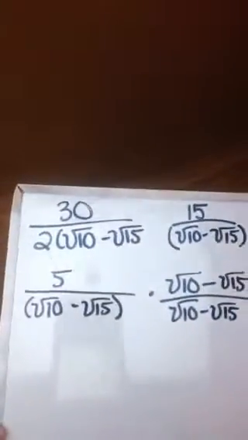Times. Multiplying that whole problem by the same thing just means we can take the square roots off the bottom. We have 10 minus 15 as our denominator, and 5 times our ugly square roots on the top.